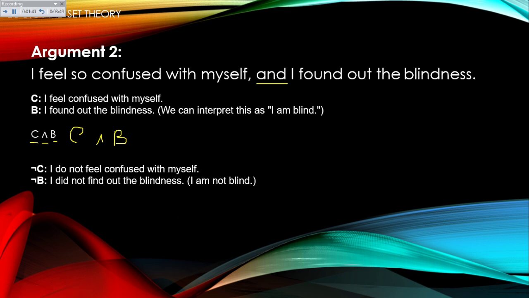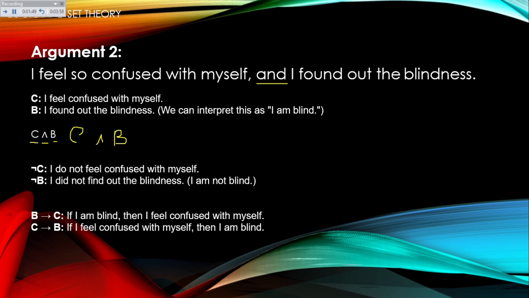So we write it like this: B, then C. If I am blind, then I feel confused with myself. Then C, then B. If I feel confused with myself, then I am blind.